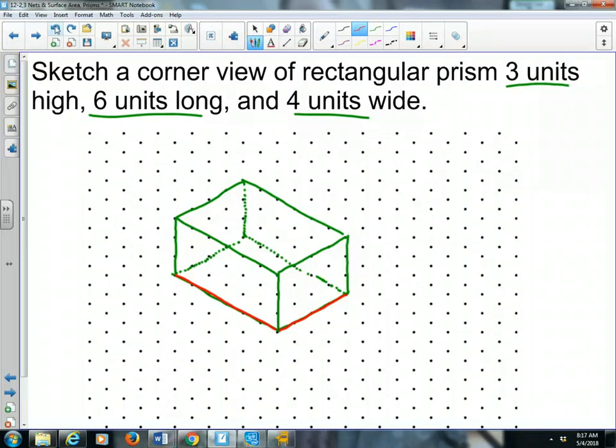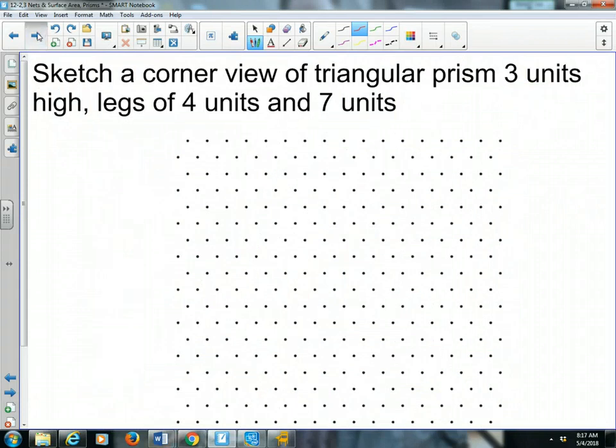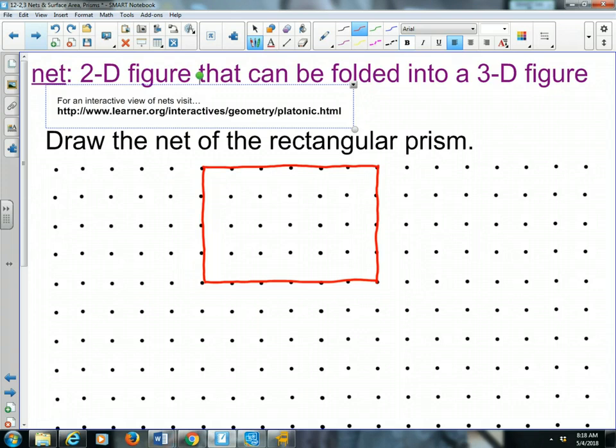Right here, we're going to go 6 by 4. Here we're going to start kind of in the middle and go 1, 2, 3, 4, 5, 6 by 1, 2, 3, 4. So there's going to be 6 faces on this one. There's one of them.